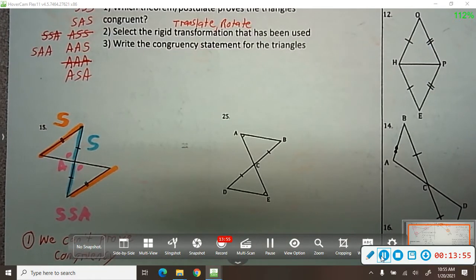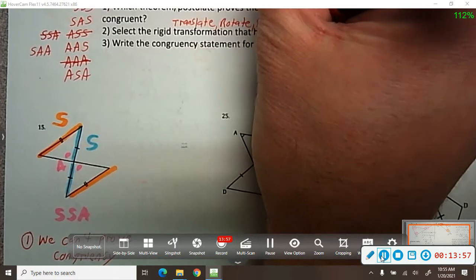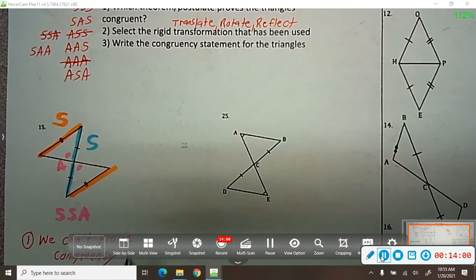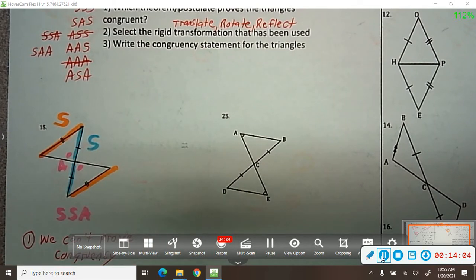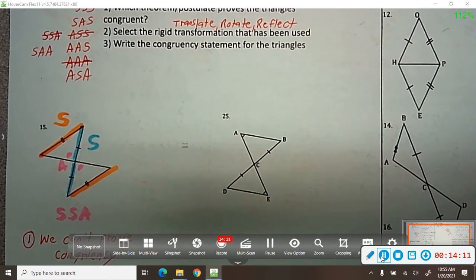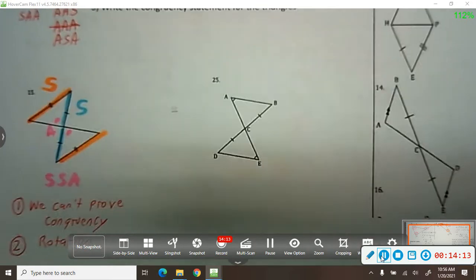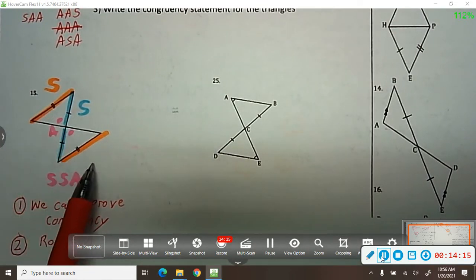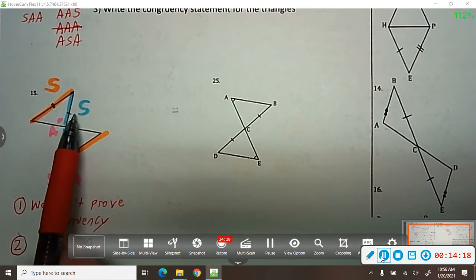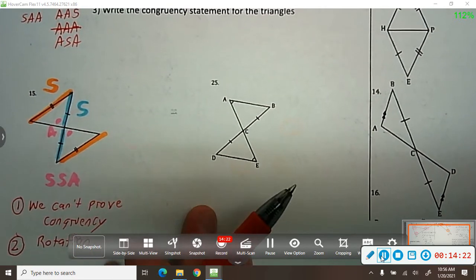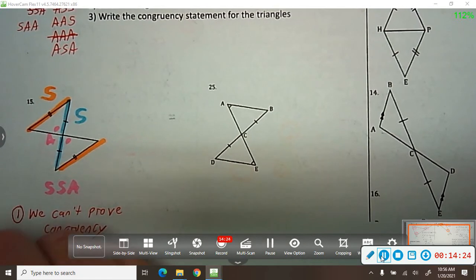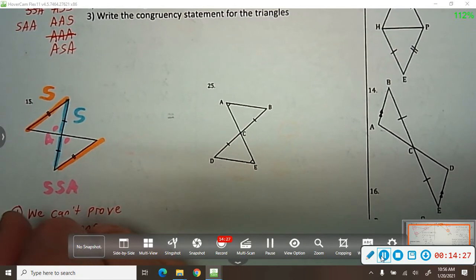And then another word you could use is reflect. And so when I look at this, it looks like this is just turned. So I would call this a rotation. It can't be a reflection because if you reflected it, then this side and this side would need to be the same, and they're not. And then write the congruency statement. There is no congruency statement.